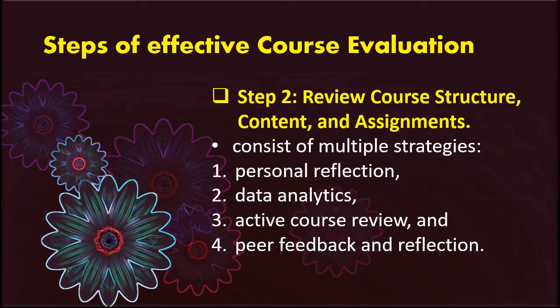And step 2, the step of reviewing the course structure, content, and assignments, can consist of multiple strategies. There are 4 common strategies. Number 1 is the personal reflection, then data analysis, active course review, and the peer feedback and reflection.